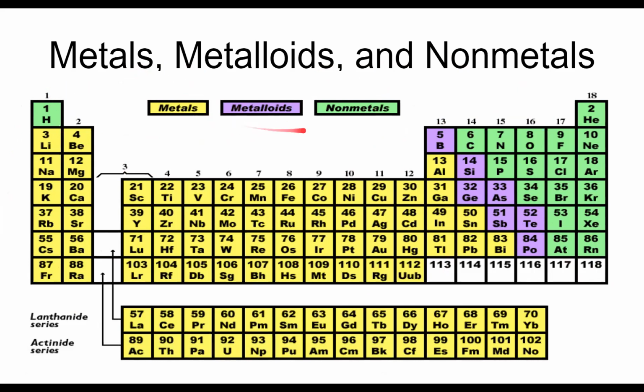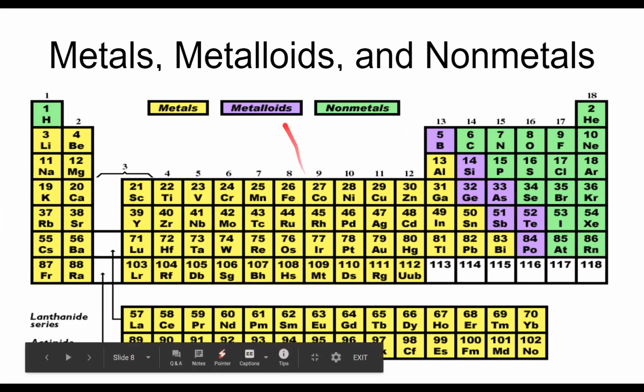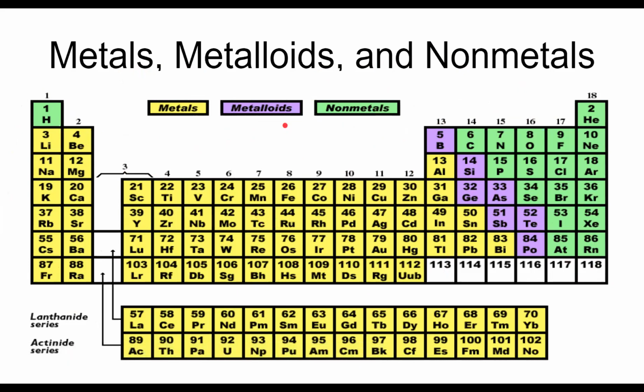And then our metalloids are this little in-between zigzag group colored in purple on this table, because some of their properties are kind of similar to nonmetals and kind of similar to metals. And so the main thing that I wanted to do with these guys is just talk about some of the major characteristics of each one of these groups of elements.